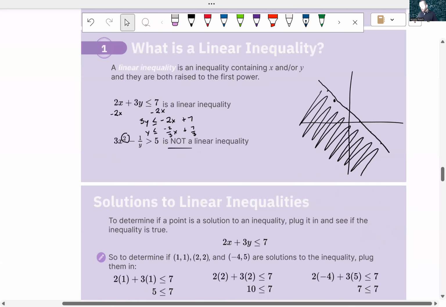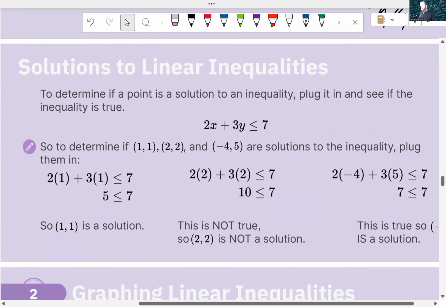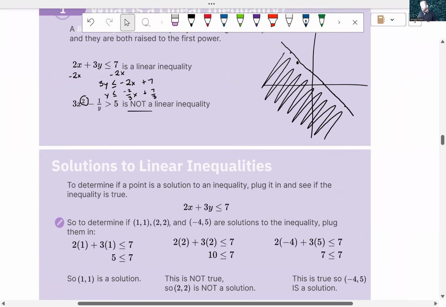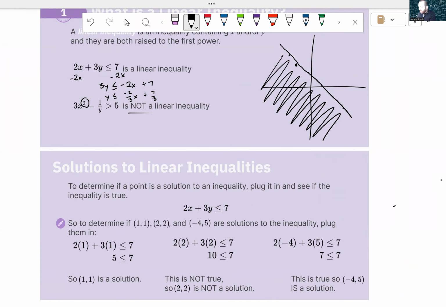So in order to determine if something is a solution to an inequality, we can plug in these numbers. Going back to this rough sketch example of our graph, all of this that I've shaded in is the solution.